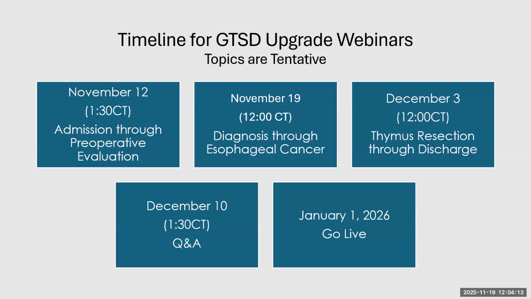So our timeline for our GTSD upgrade webinars: last week we covered admission through pre-op evaluation. Today we're going to tackle diagnosis through esophageal cancer, and then December 3rd we will go over thymus resection through discharge, and then December 10th is going to be an open Q&A for the upgrade. If you have any questions you weren't able to ask during any of the sessions, come back on December 10th and we'll clarify any questions that we were not able to address during these calls.